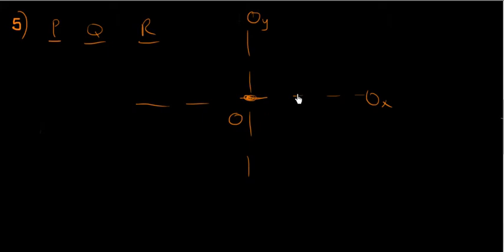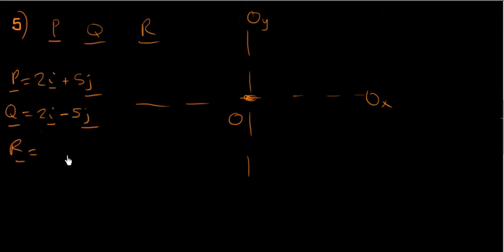So they give us P, Q, and R, and they are given by 2i plus 5j is P. Q they give us is 2i minus 5j, and R is equal to 3i.